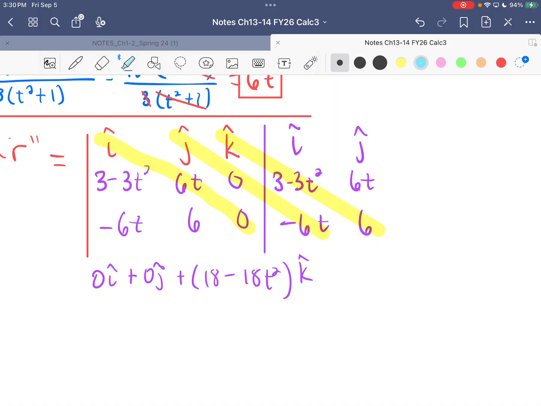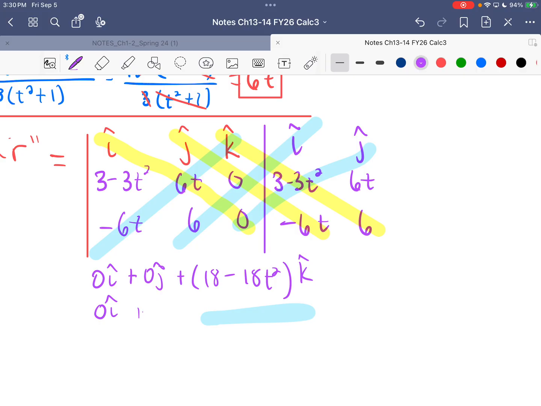The other ones are all going to be 0. Negative 36t squared, and then it's subtracting, so it becomes a plus.